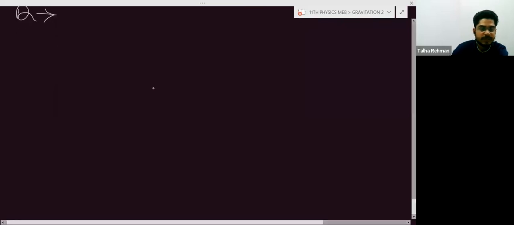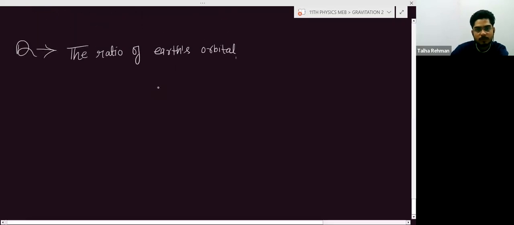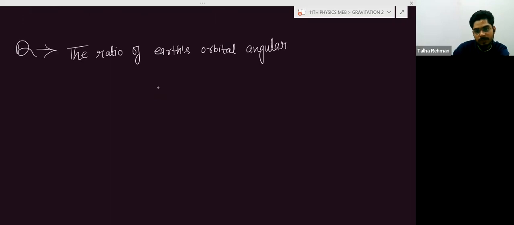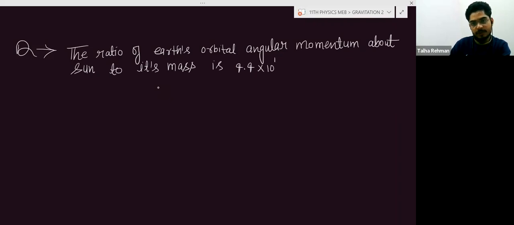Okay. So in this question, it is given that the ratio of Earth's orbital angular momentum about Sun to its mass is 4.4 into 10 to the power 15 meter square per second.